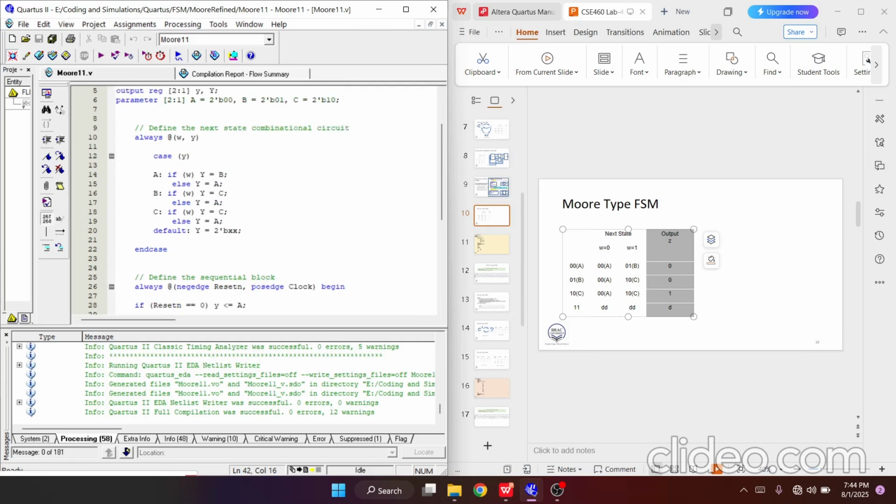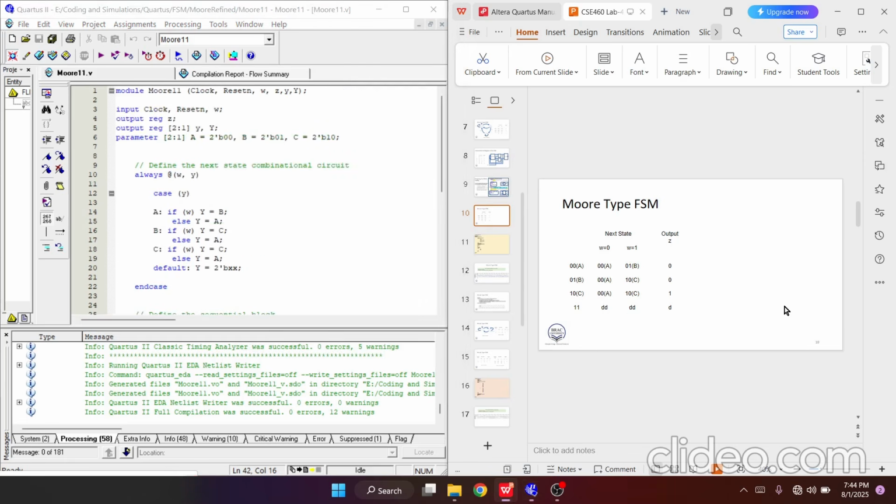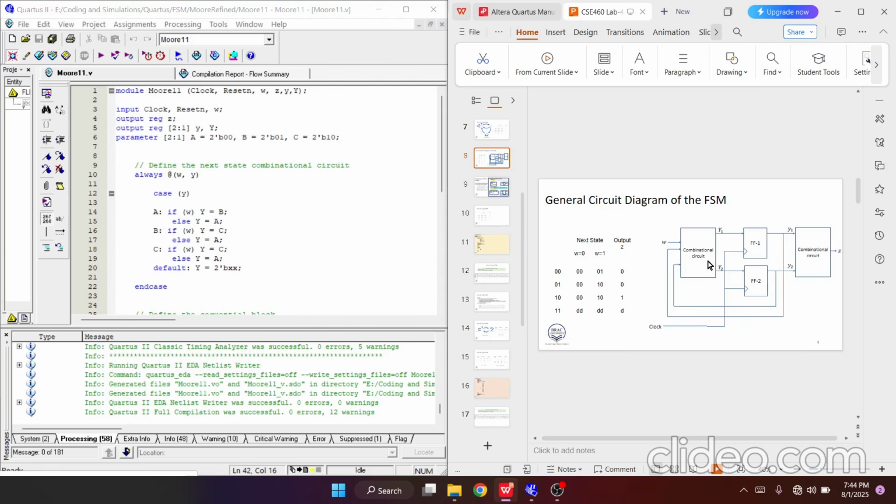What you need to understand is that if you look at this picture, and try to recall from our theory classes also, you will understand that the next state capital Y, and also the Z or output value, are just combinational logics.